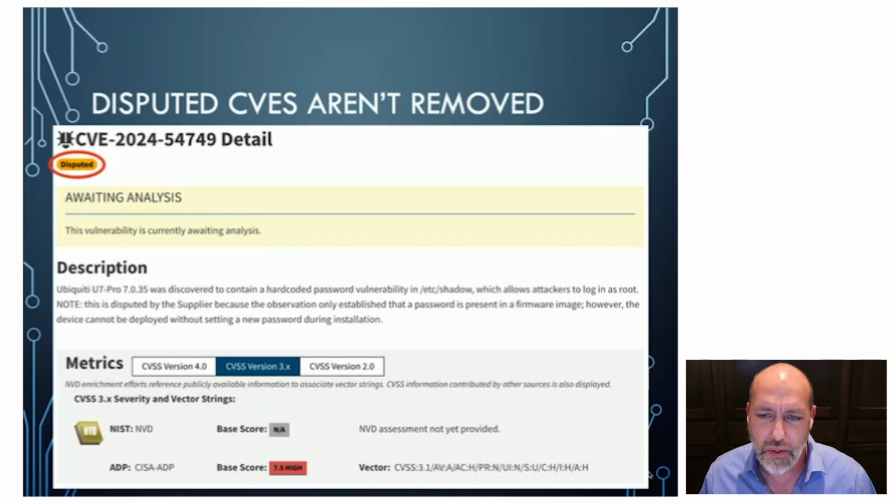Well, it turns out I totally agree with this being disputed because it turns out you need to be physically next to the device while it's being installed. And as it's being installed, it asks you to change the password. So yes, every router on Earth has this problem because every router on Earth gives you the password up front or shows you that you need to change the password immediately. So yeah, it's disputed because it's not a vulnerability.